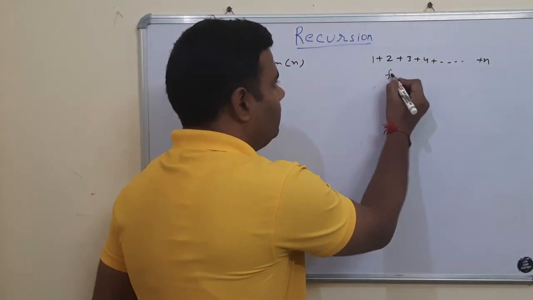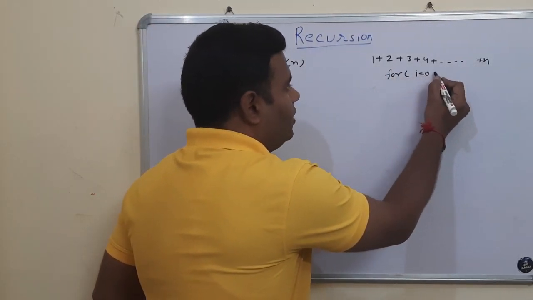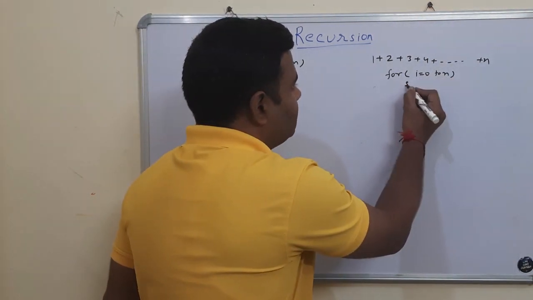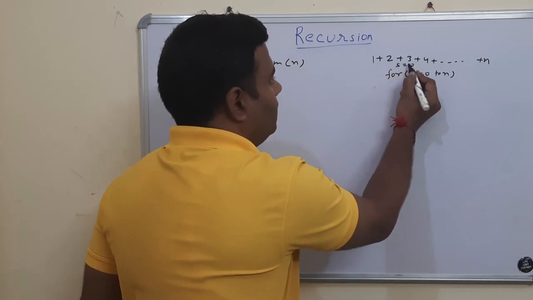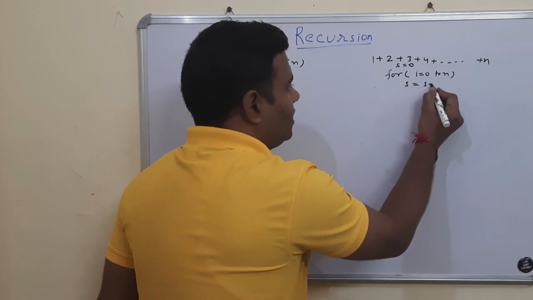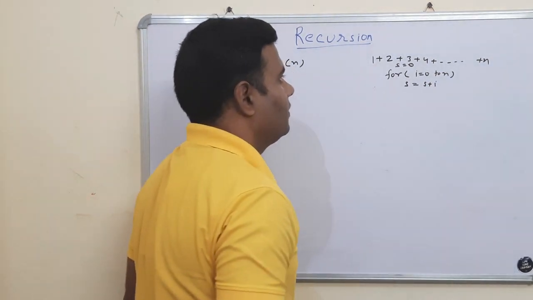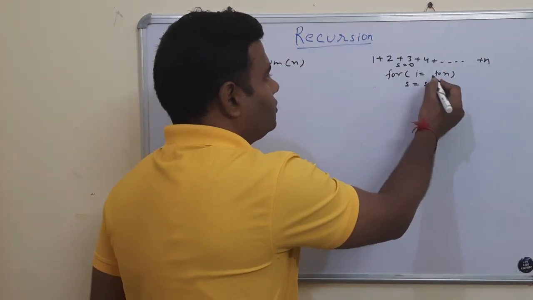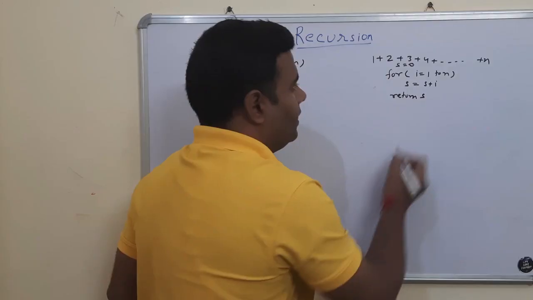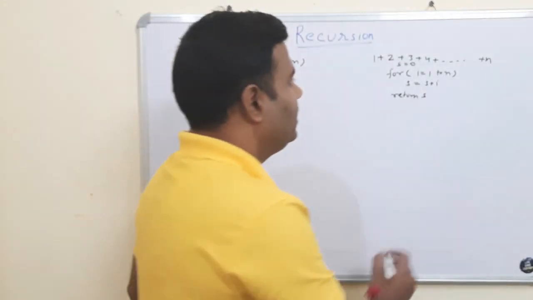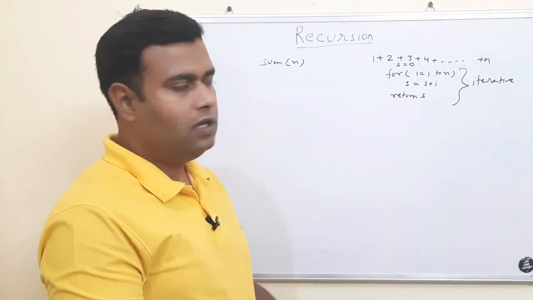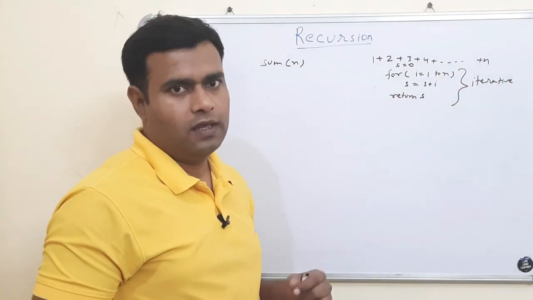Run a for loop from i equal to 1 to n, and take a sum initialized to 0, and each time you will do sum plus whatever the i is, starting from 1. At the end you will get the sum. Now this approach is called iterative process. Why iterative? Because we are iterating on all the numbers, right?